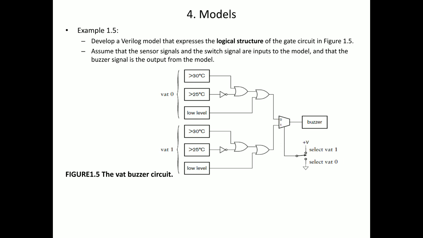Vat 0 pasteurizes the milk at 60 degrees Celsius for half an hour, and vat 1 pasteurizes the milk at 72 degrees Celsius for 15 minutes. These are the two containers for milk pasteurization. We can use any vat for pasteurizing milk.